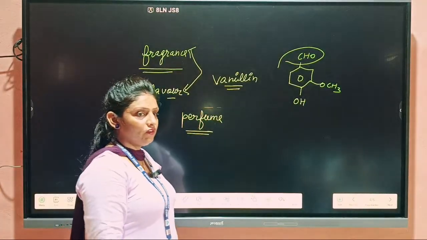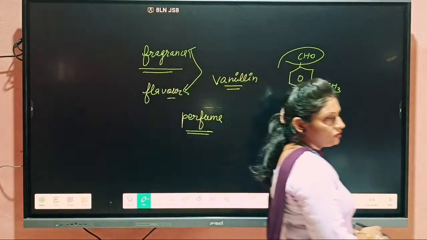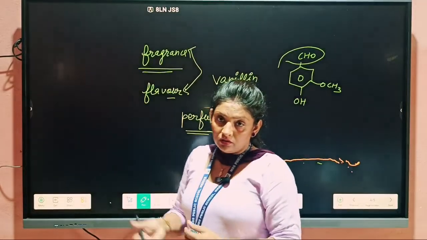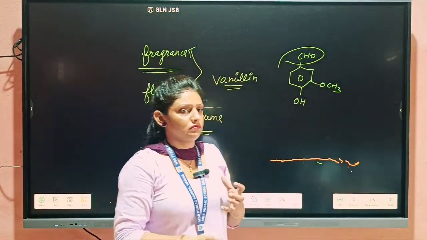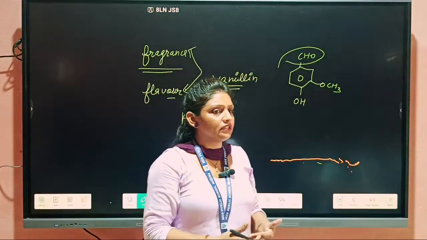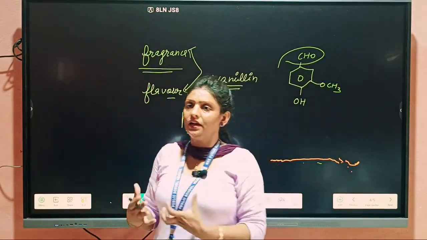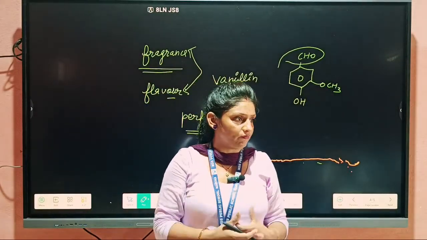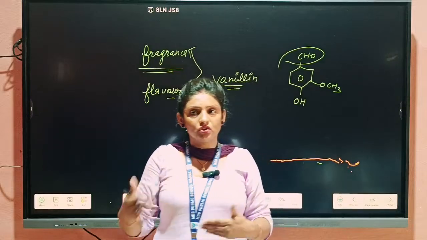For giving flavor to any food we use them. So wherever you feel a sweet smell, you can consider that any aldehyde, ketone or carboxylic acid may be present in them. That's why they are showing it.